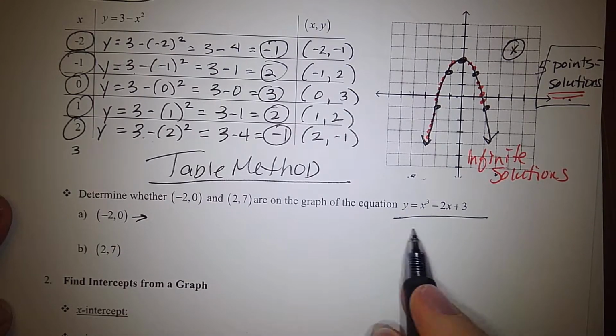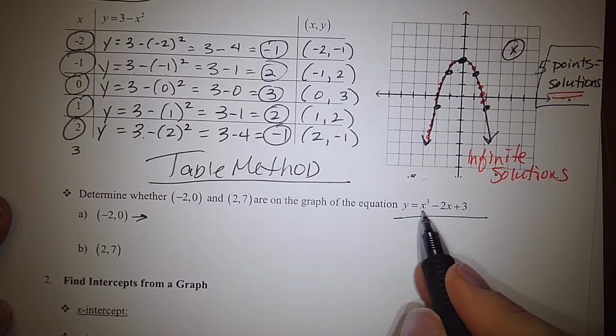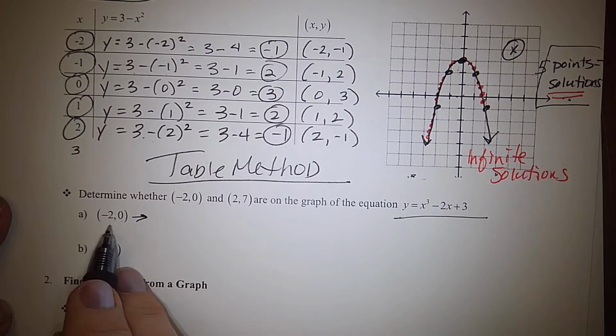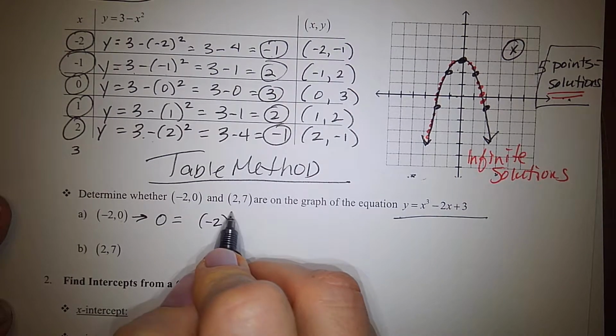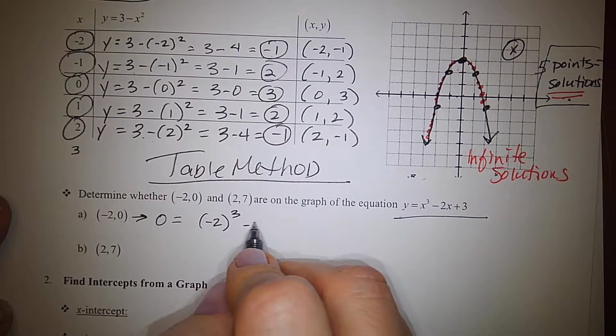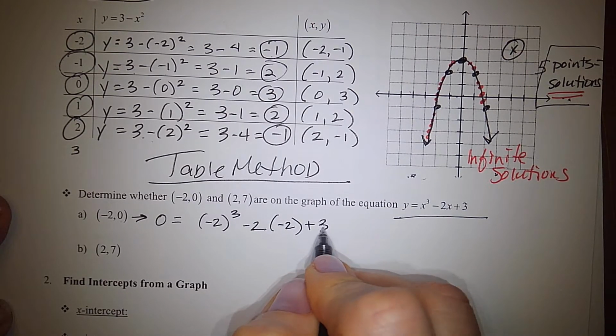So we're going to rewrite this equation, but we're going to plug in 0 for y, and plug in -2 for x. So this becomes 0 equals (-2) to the third minus 2 times -2 plus 3.